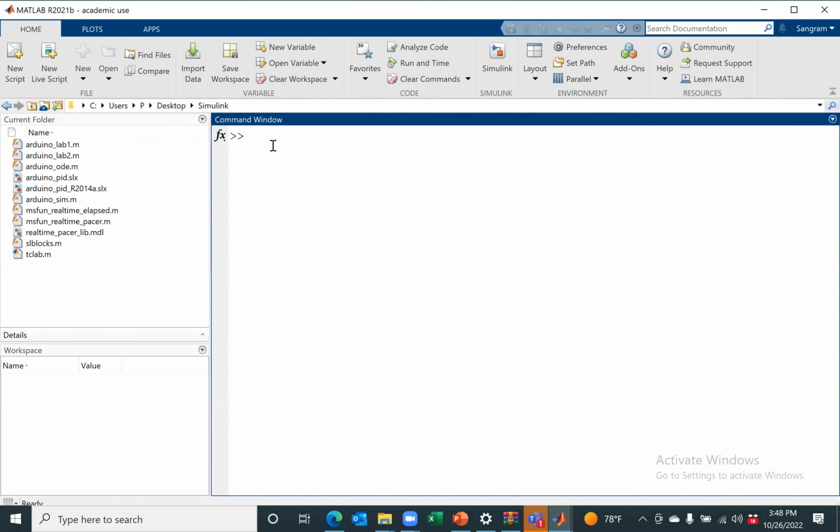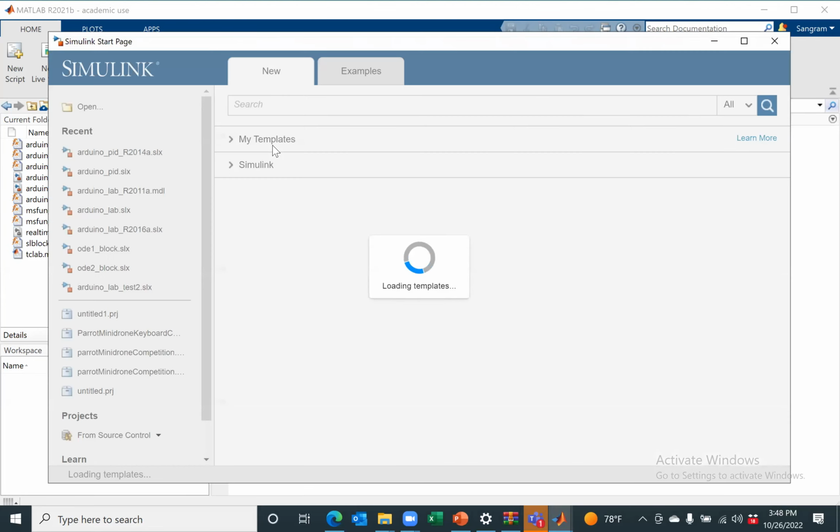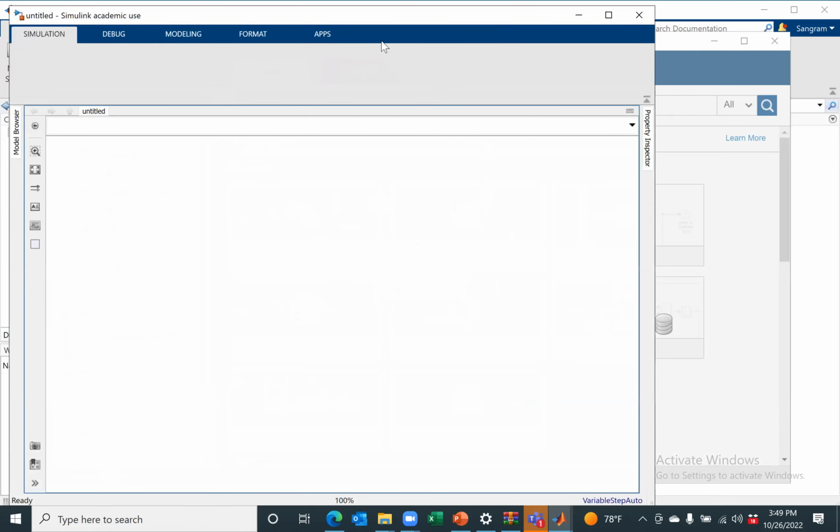So go to Simulink. Open a blank model. And let's build this system inside MATLAB.